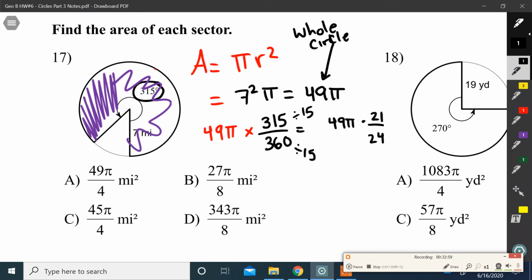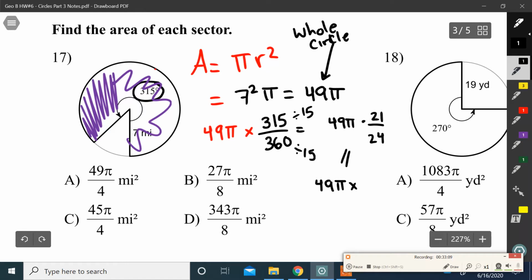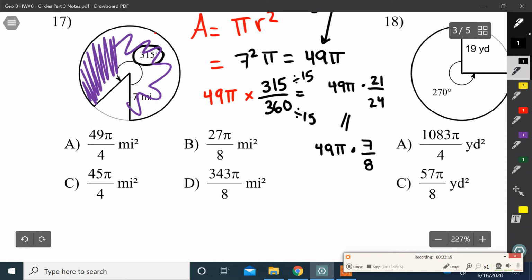Okay, we're not done yet because we could actually divide this one by 3. So that would be 49 pi times, divide the 21 by 3 and you get 7 over 8. So now we're almost done.